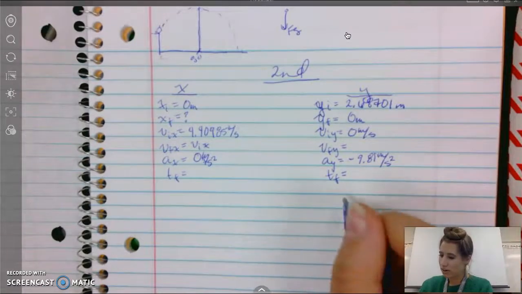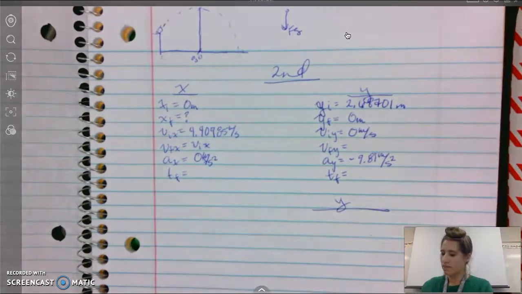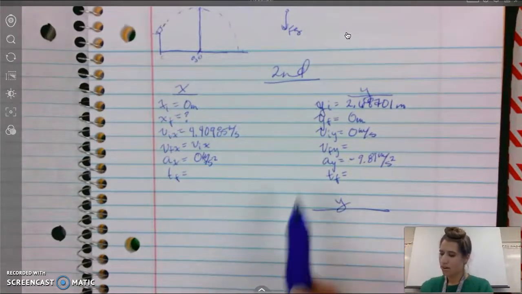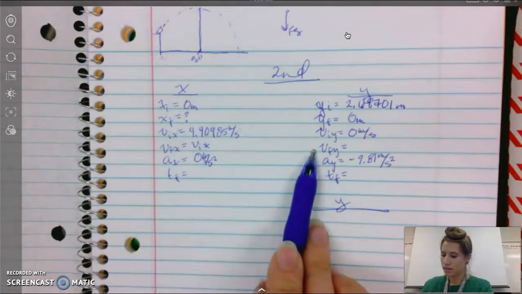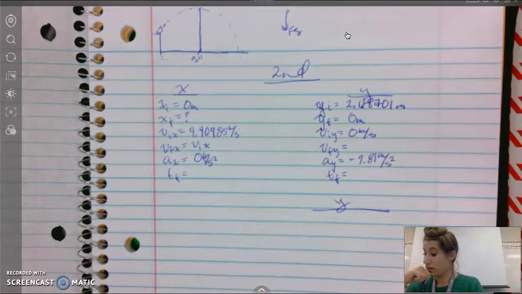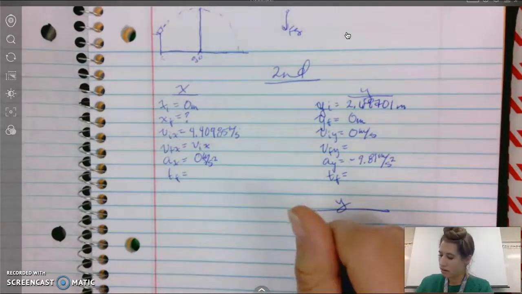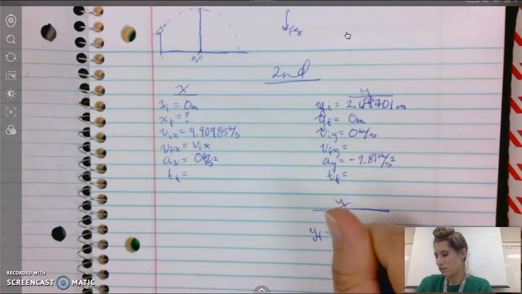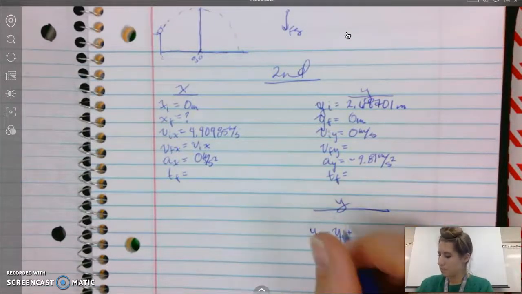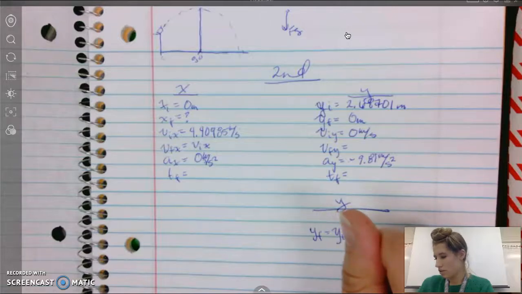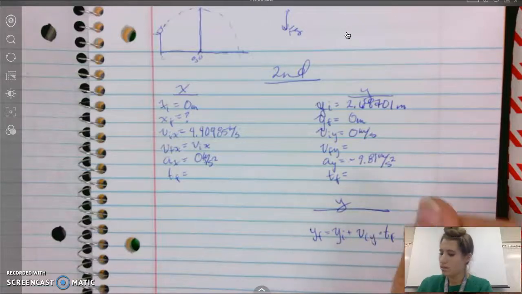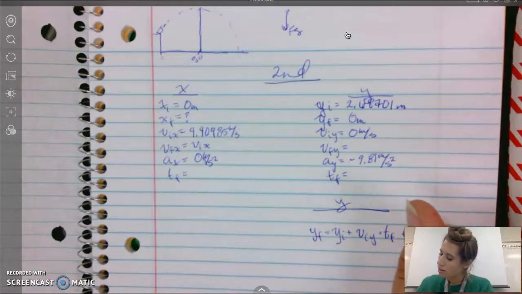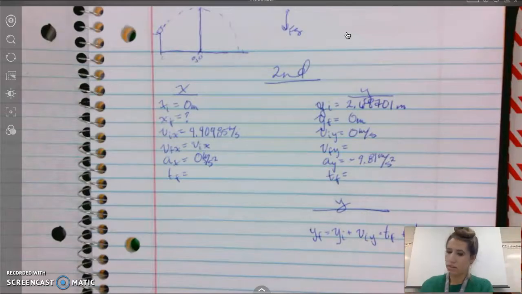So if I do my work here in the y, and I'm solving for time, I want to choose an equation that does not have velocity final. When I look at my list, there's only one equation that does not have velocity final, and that's the third one. So y final equals y initial plus velocity initial in the y multiplied by time final plus 1/2 acceleration in the y time final squared.